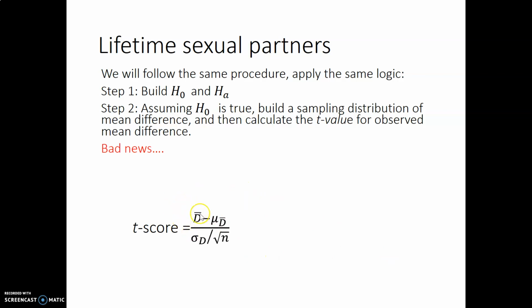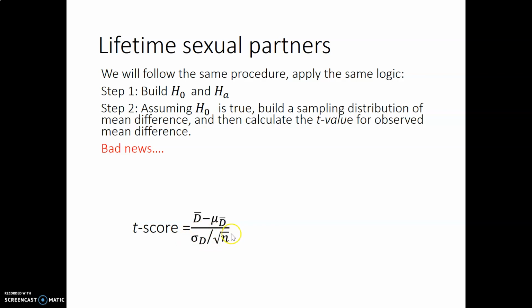Then we compare this mean difference with the population value, which is 0, because we assume there is no difference between men and women, which is our null hypothesis. So far everything seems alright, right? But let's continue with the denominator, where we're going to have some problems.